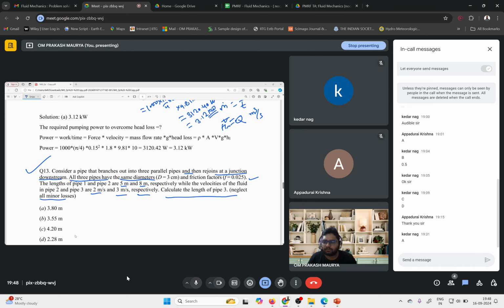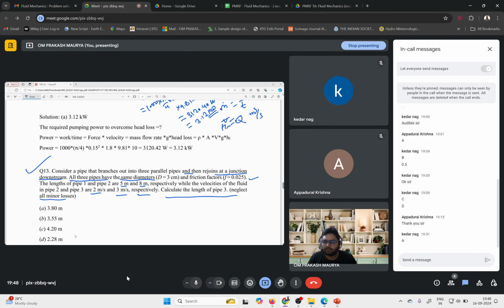You know already that in the case of parallel pipes, the head loss is equal, whereas in series pipes the heads add up. So in parallel pipes the head loss will be the same, which means HL1 is equal to HL2.